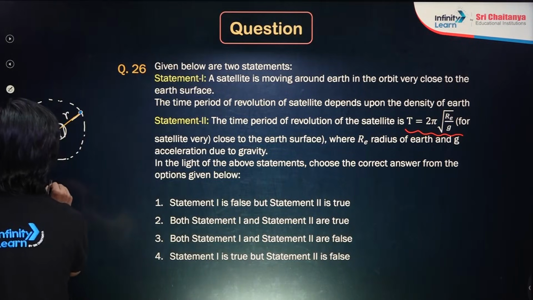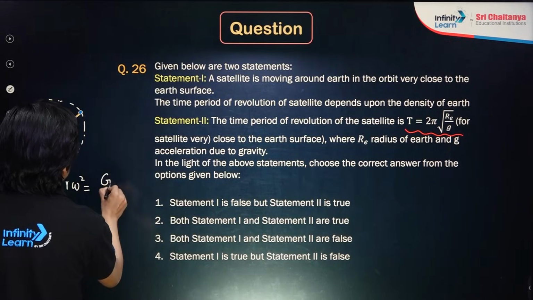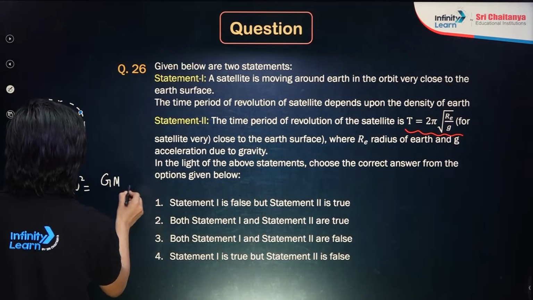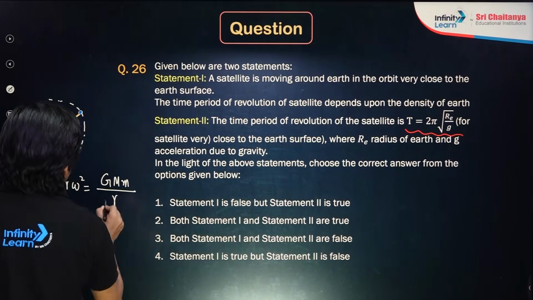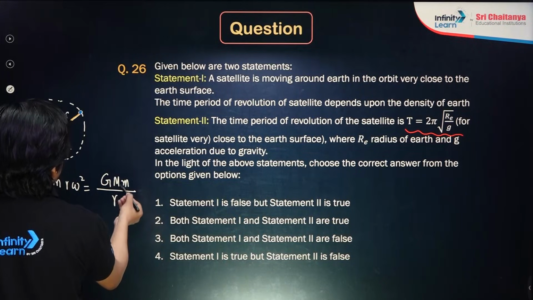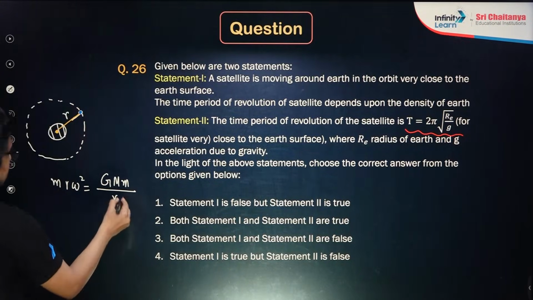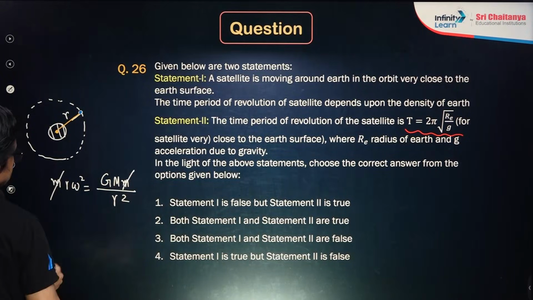So you can write m into small r omega square, that is equal to the gravitational force acting on it. So m r omega square is equal to capital G into capital M into small m divided by small r square. From this, small m cancels out.